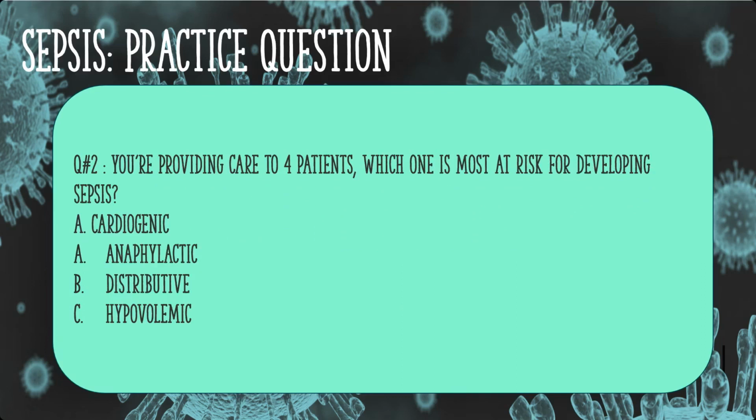Cardiogenic, anaphylactic, distributive, or hypovolemic? What type of shock is sepsis? Yeah, my apologies. Sepsis is distributive shock, so distributive. I copied and pasted, so I'm sorry, guys.